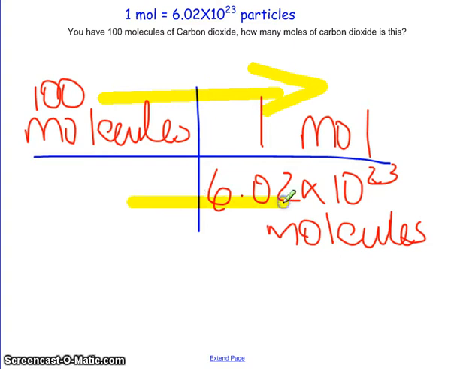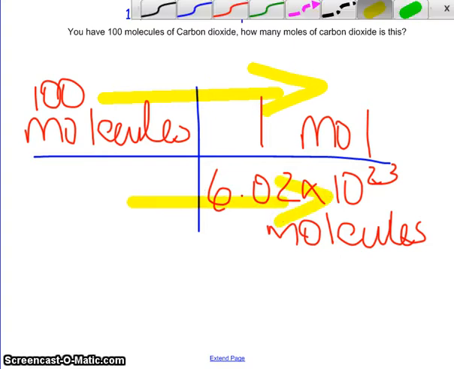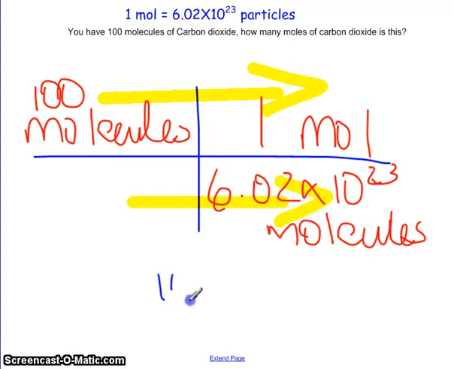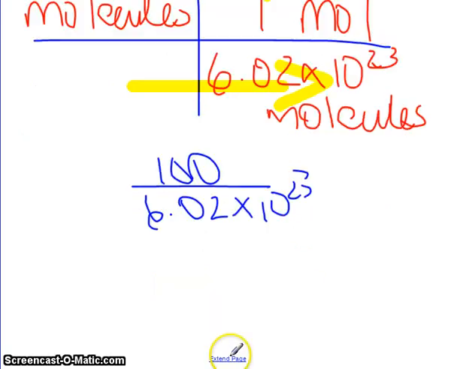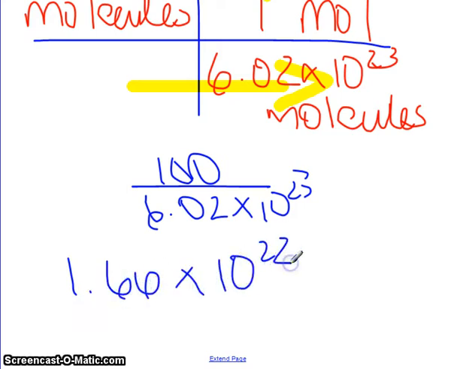Multiply across, and we get 100 over 6.02 times 10 to the 23rd. When we divide, we get 1.66 times 10 to the negative 22nd.